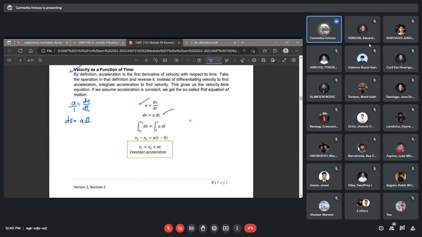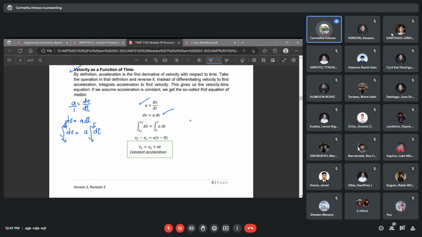Pagkatapos i-integrate natin sila. So pag in-integrate mo yan, you have the integral of the derivative of velocity. So ang limit natin, initial velocity to the final velocity is equal to the acceleration times the integral of dt. Okay, that is from 0 to time t.